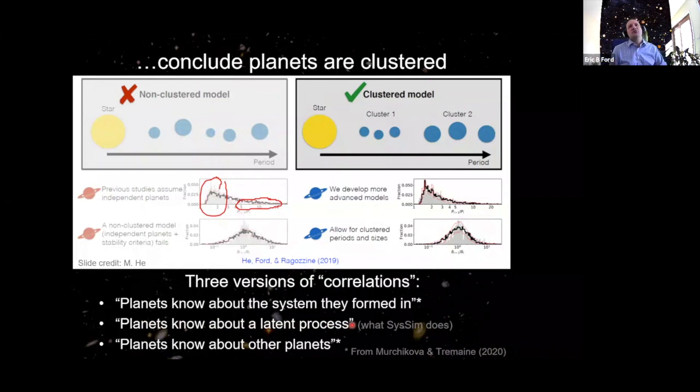This clustered model allows us to build in some of the correlations that are needed, but also not require that all planets in a system be too similar, and allows for the longer tails. That's an interesting observation of what planet formation is creating.